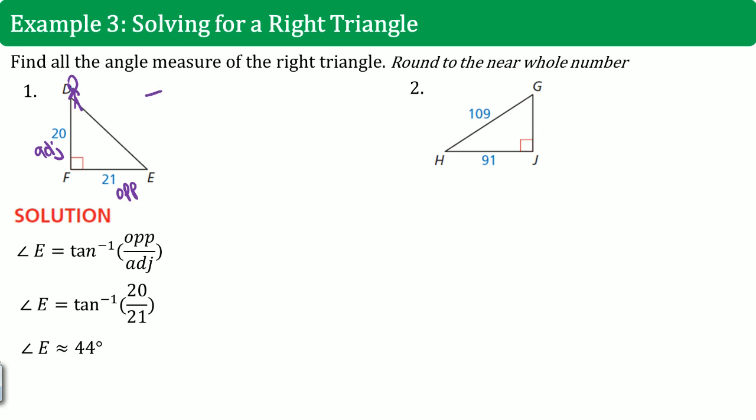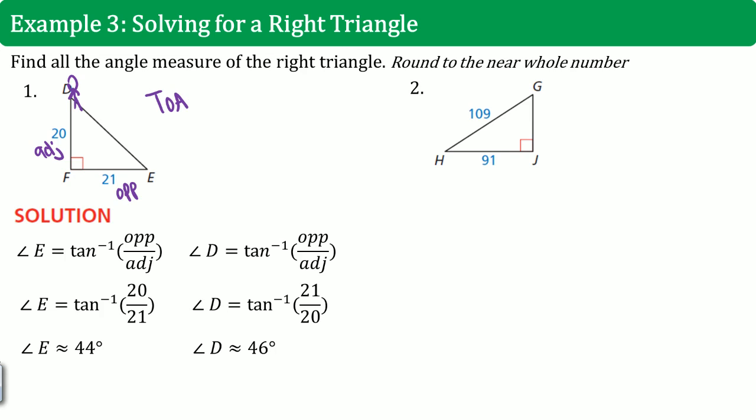So I'm still going to use TOA, right? But now I write angle D is equal to tan inverse. What is my opposite? 21. What is my adjacent? 20. So tan inverse of 21 over 20 gets you 46 degrees. There you go. So again, it depends on your point of view. Your adjacent and your opposite can vary.